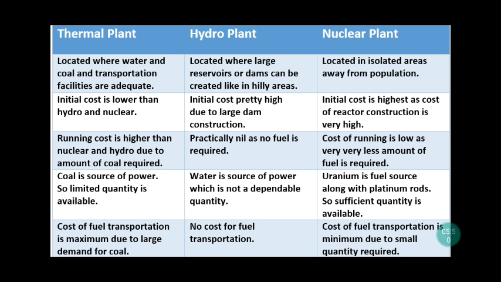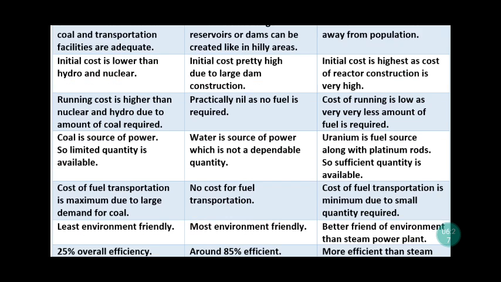In hydropower plant there is no cost for fuel transportation, as we are not bringing any fuel or coal from any mines. So the fuel cost is nil. And in nuclear, the cost of fuel transportation is minimum due to the small quantity required. We require uranium in very small quantity in a nuclear plant.